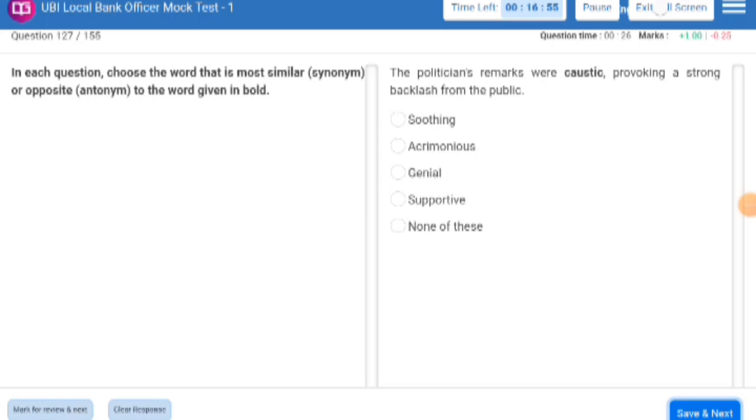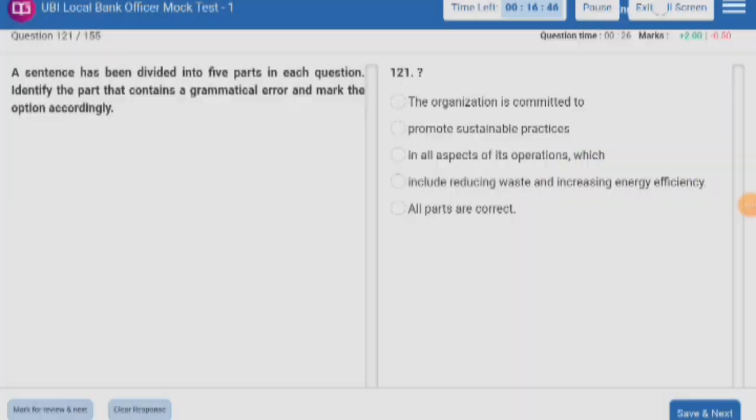The politicians' remarks were... The organization is committed to promoting sustainable practices, which include reducing waste and increasing energy efficiency.